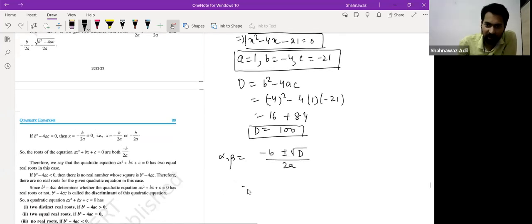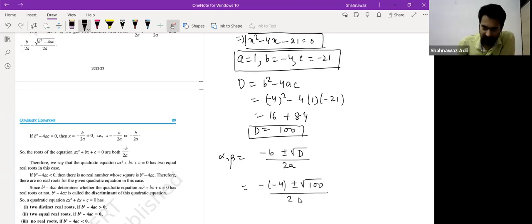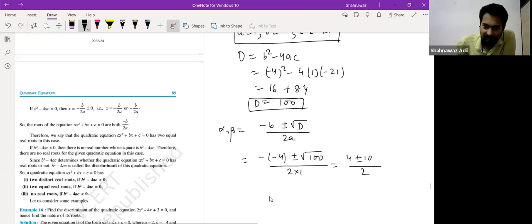B is minus 4, so this is minus of minus 4 plus or minus root 100 by 2 into A, which is 1. So this is 4 plus or minus 10 by 2.